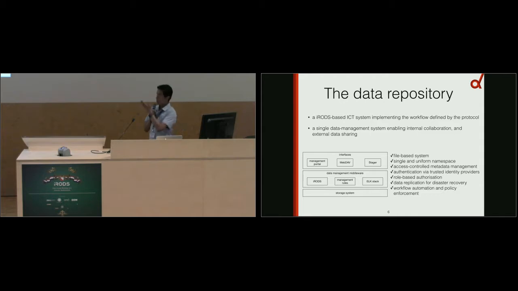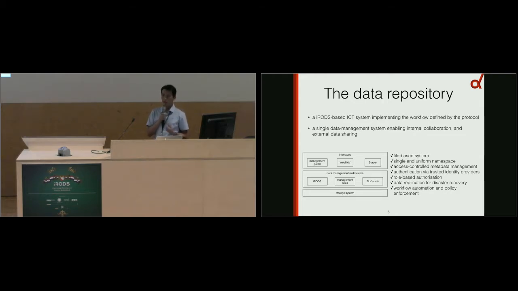And with iRODS, we present this system with features like a file-based system, which is very acceptable to researchers, and a single uniform namespace. We also put some effort into implementing access control on the metadata level, on the key value pairs.